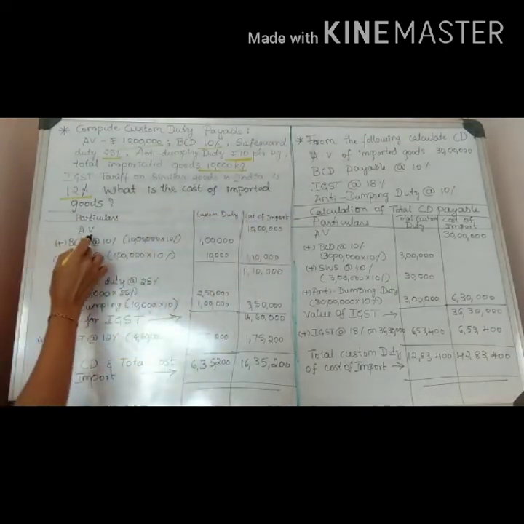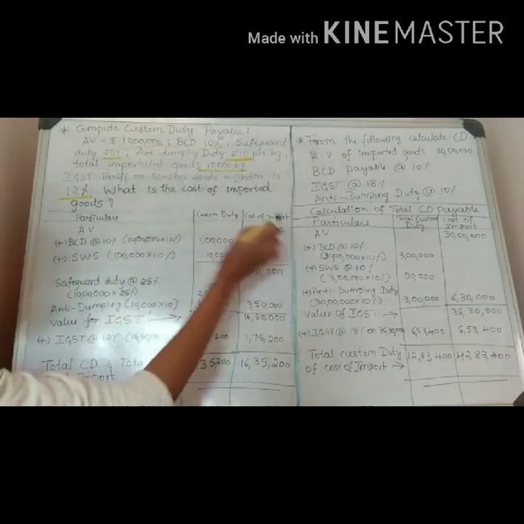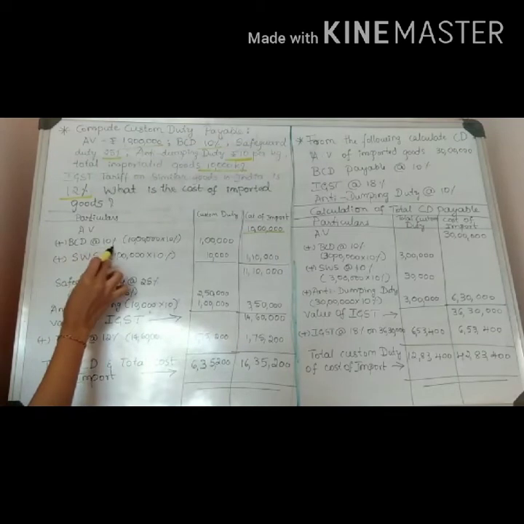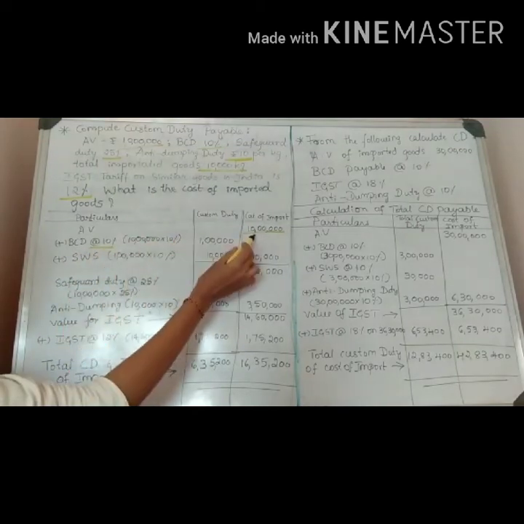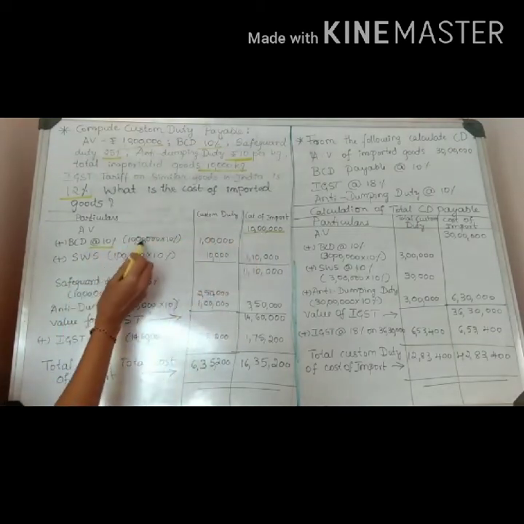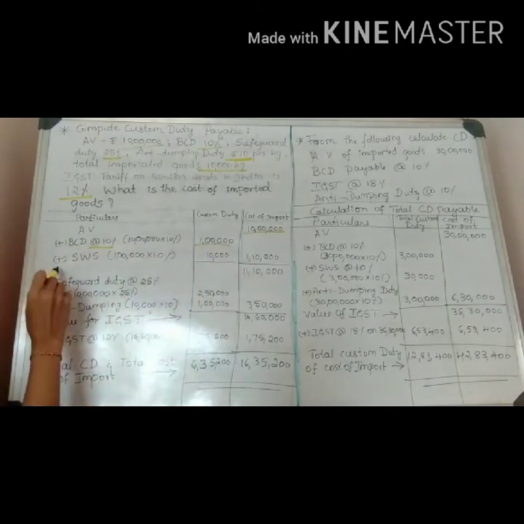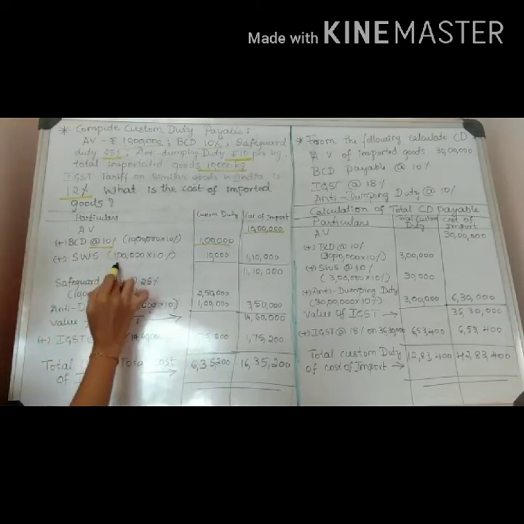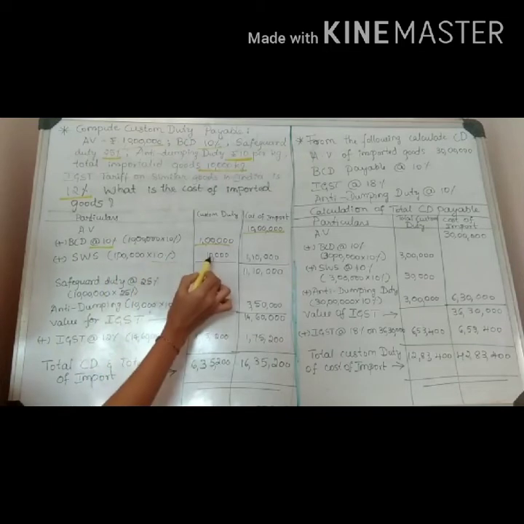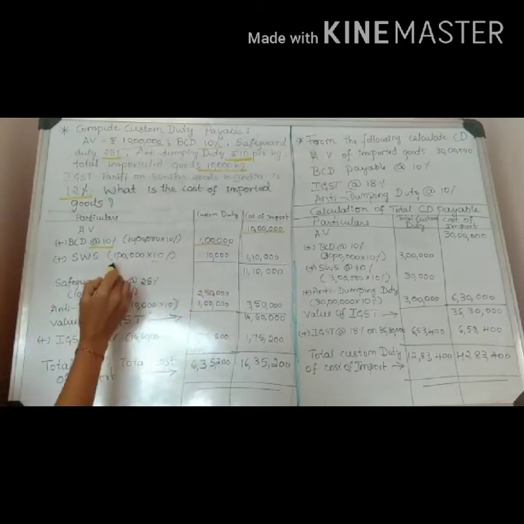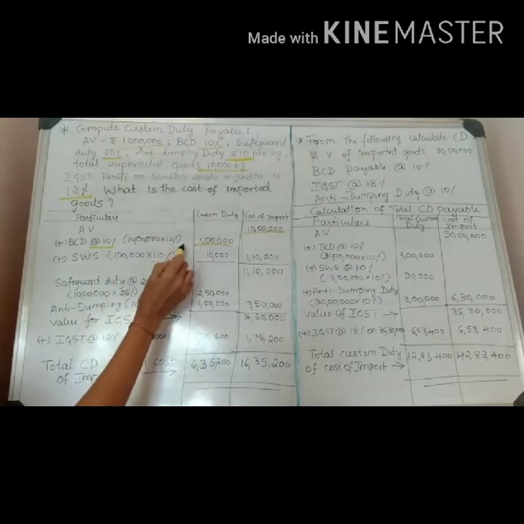Assessable value is rupees 10 lakh, plus BCD at 10% on assessable value: 10 lakh into 10%, 1 lakh.